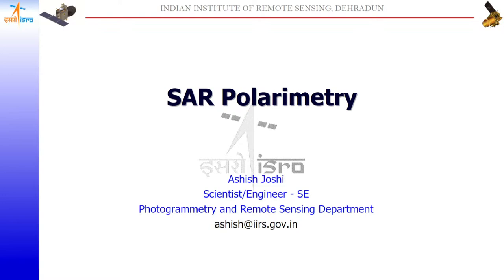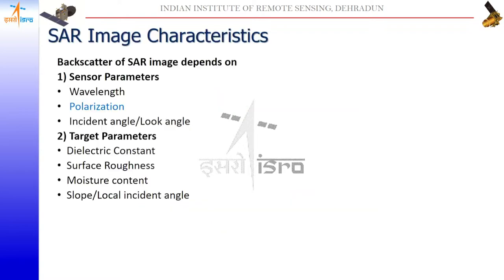So if our application is analysis of features and visual interpretation only, we can use the level 2 data. But for applications like SAR polarimetry and interferometry, we have to use the SLC data. Okay, so now we will go to the SAR polarimetry lecture.